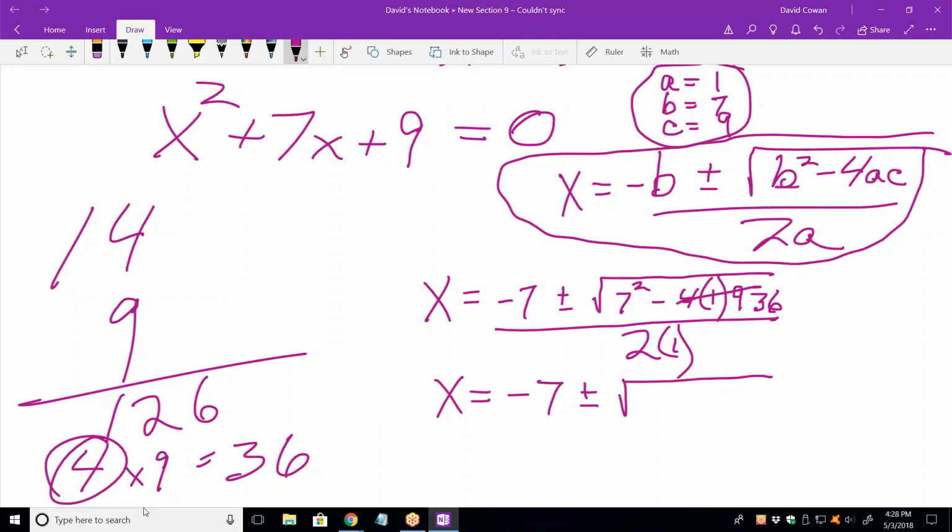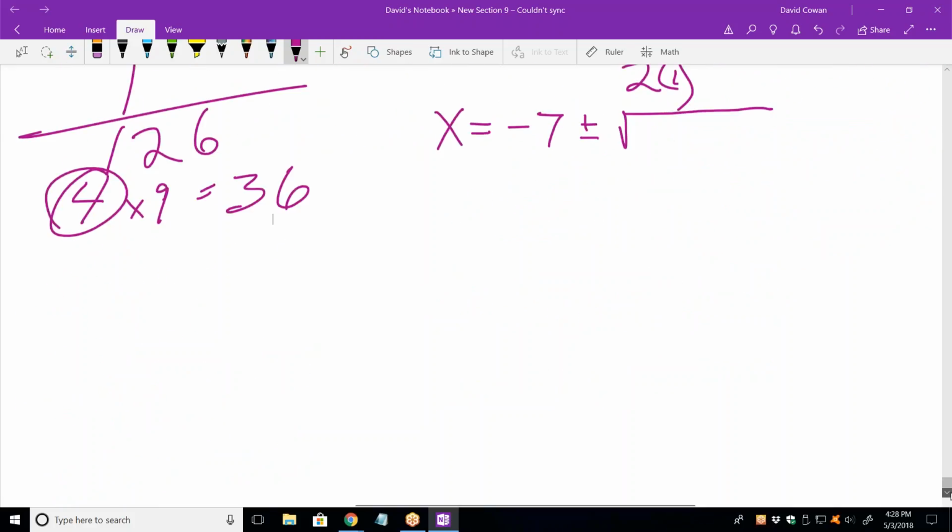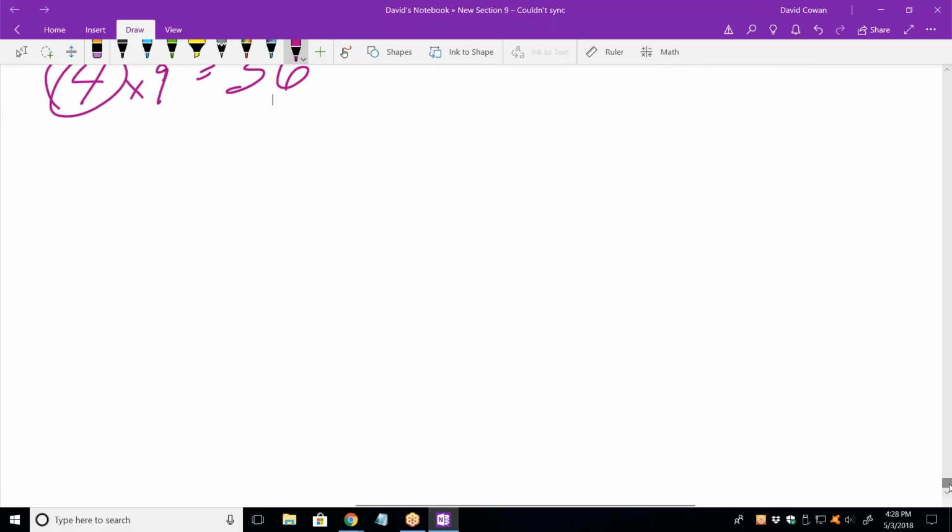However, I want you to know your perfect square numbers more than anything else. So let's go through those, because if you know your perfect square numbers, that's going to get you a long way. What's 1 squared? 1 squared is 1. What's 2 squared? 4.